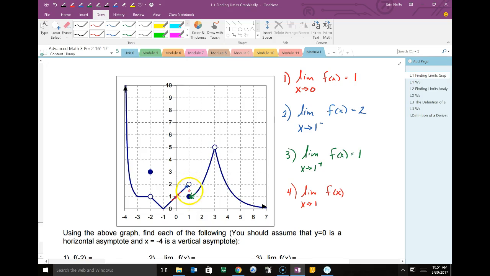There is not a continuous line, there's a jump in the graph, so that would be it does not exist. And if I asked you, what's the function value at 1? What is the point when the x value is 1? That's the corresponding y. Remember that that's a hole, it does not exist there, it's the point, so that y value is 1.